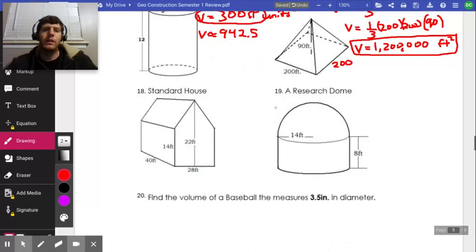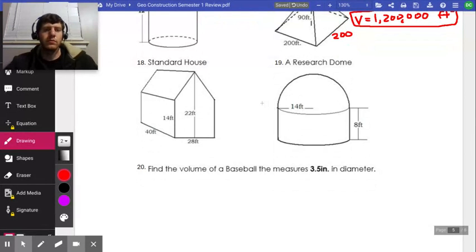All right, 18 is the standard house. So we have a rectangular prism and a triangular prism. So let's start with a rectangular prism. So the volume there is going to be length times width times height. Okay, so our length and width is 28 and 40, and our height is 14.